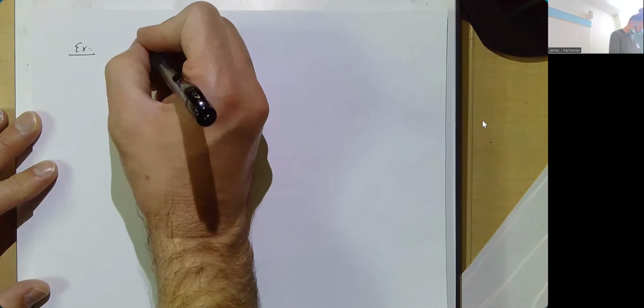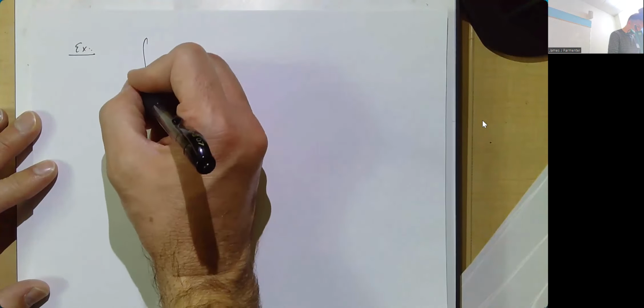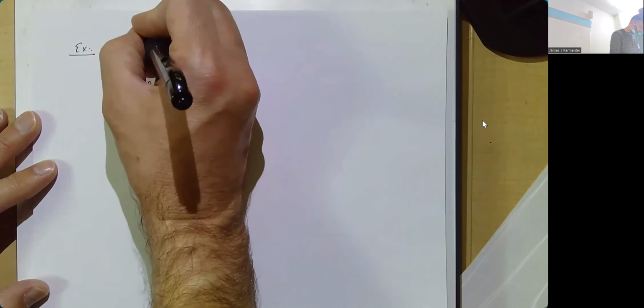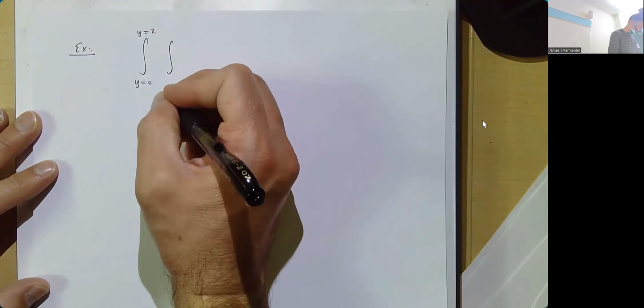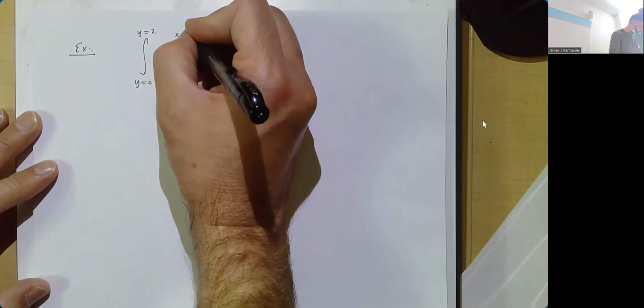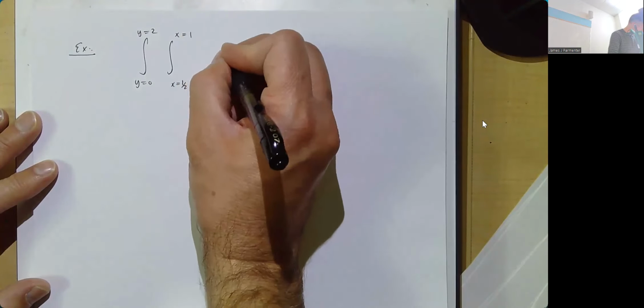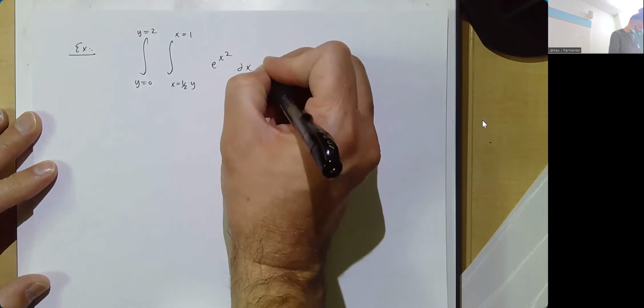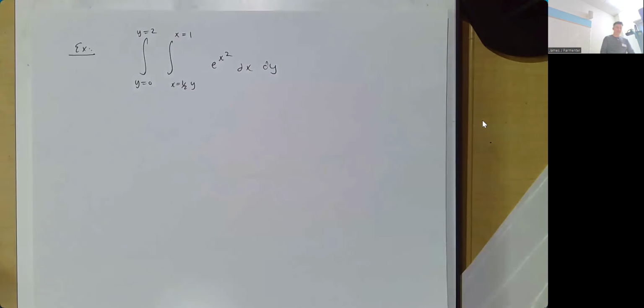Let's say we have the integral from y equals 0 to y equals 2 of the integral from x equals 1/2 y to x equals 1 of e to the x squared dx dy. Worth knowing, it is impossible to anti-differentiate e to the x squared.